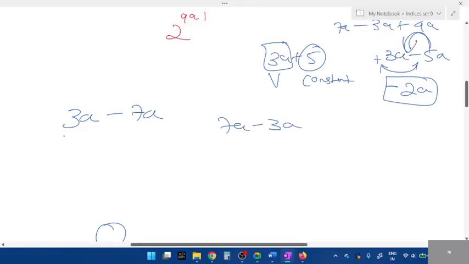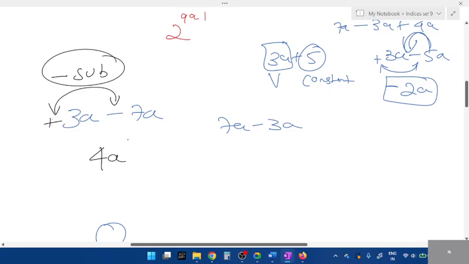Always first you have to use the plus minus concept. 3 is plus, 7 is minus. What is plus into minus? Minus meaning addition or subtraction? Subtraction. 7 minus 3 is how much? 4a. 7 is greater, so put that minus sign.